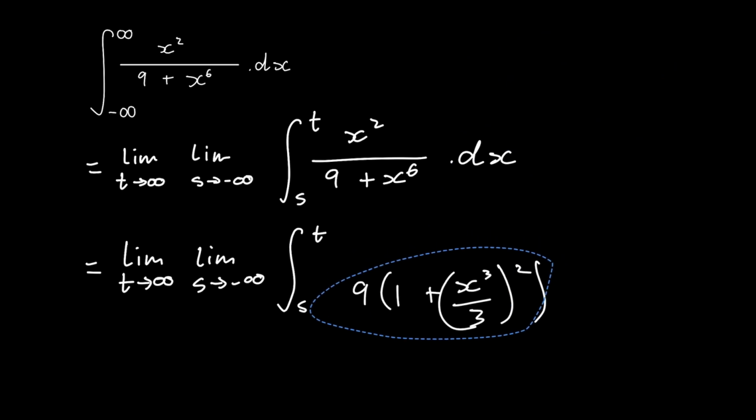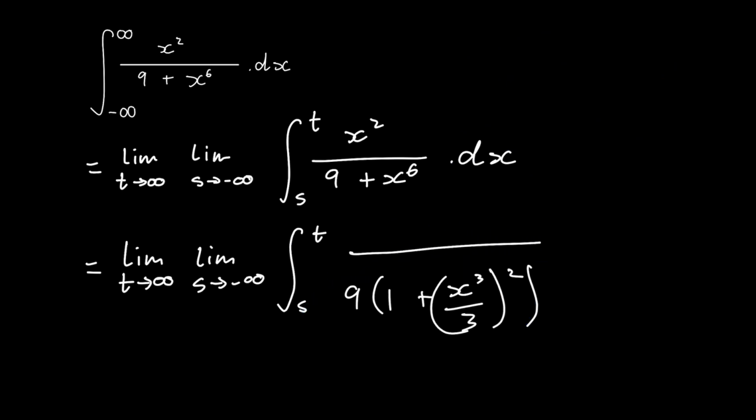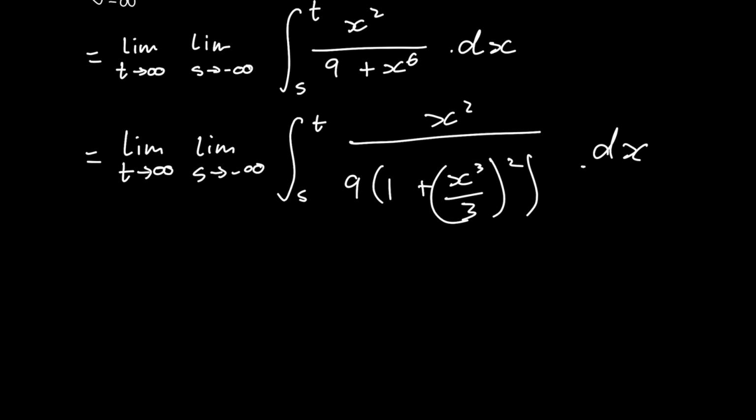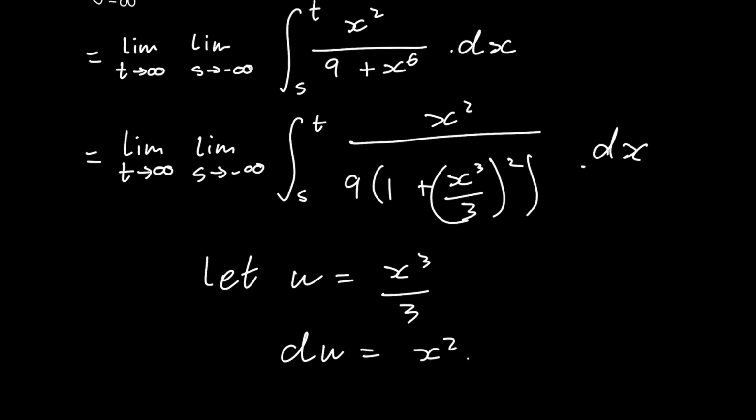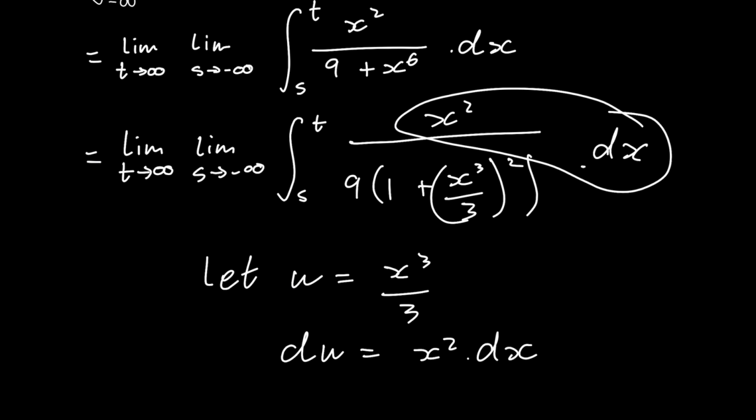So let's put it in there. x squared dx. Then we say, let u equal x cubed over 3. Therefore, the derivative of u in terms of x is going to be x squared dx.